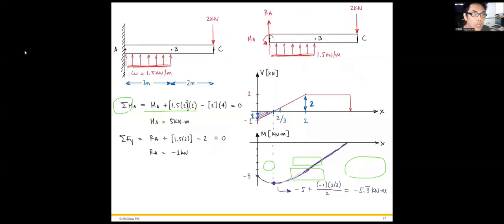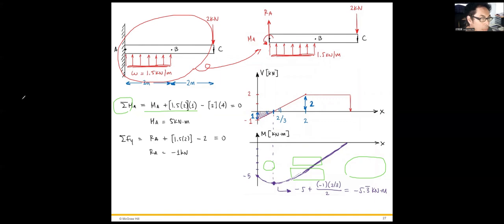So let's go back to the question. Okay, so if we draw this beam, it is subjected to the distributed load and the point load, right? And then we can plot it to a free body diagram and use the force balance.